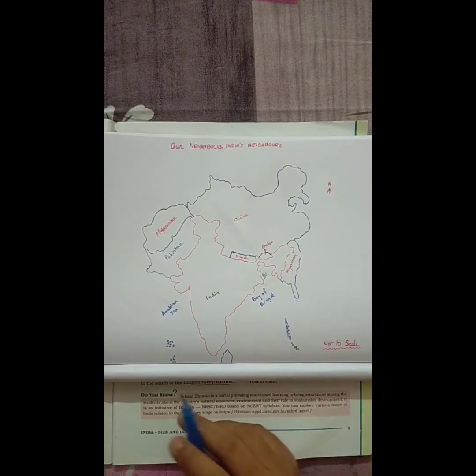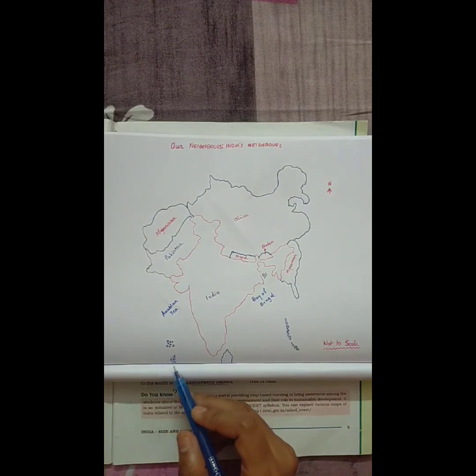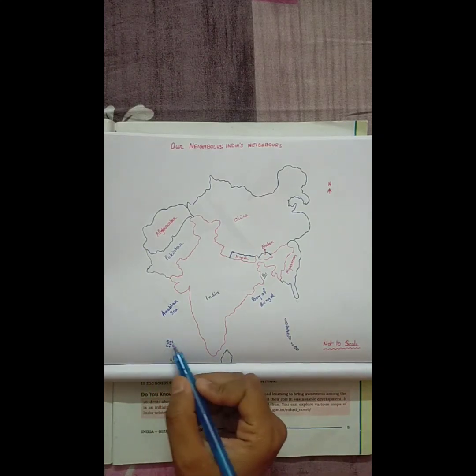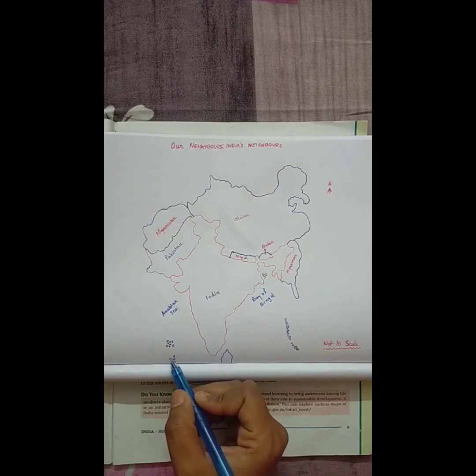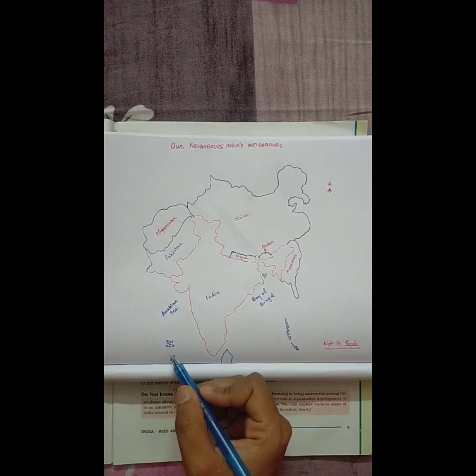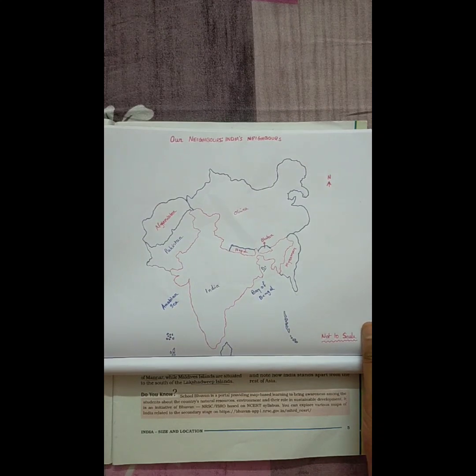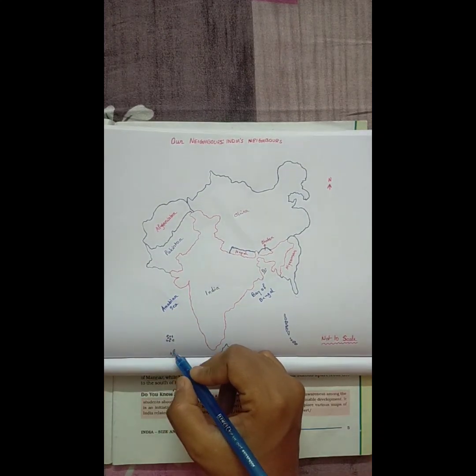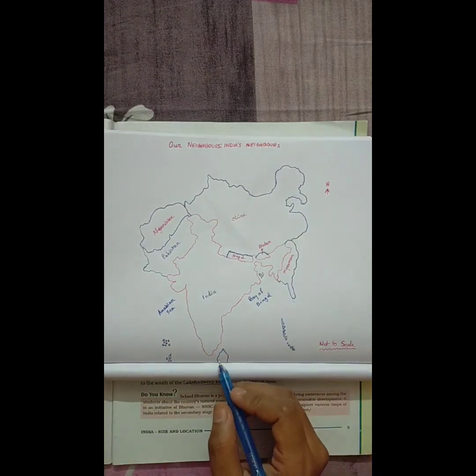India shares a land boundary with these countries, and there are two island neighboring countries, Maldives and Sri Lanka. This is Lakshadweep and Maldives is situated here, to the south of Lakshadweep. Here, Sri Lanka.